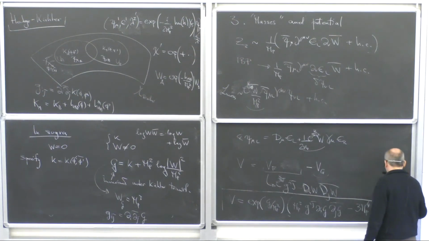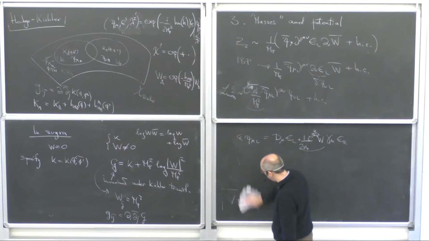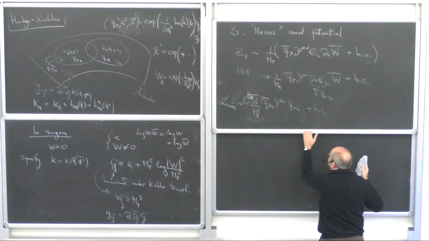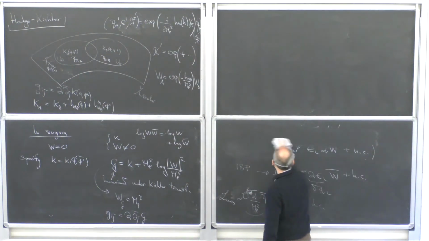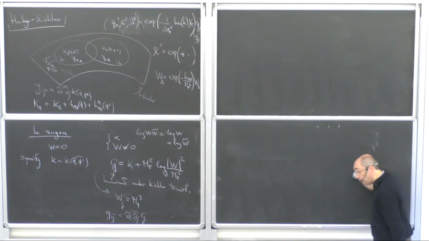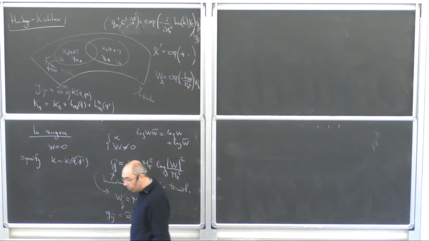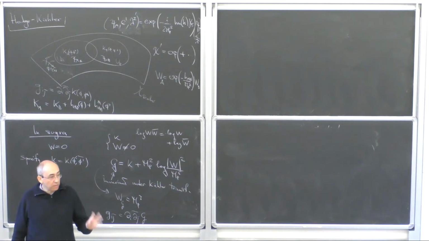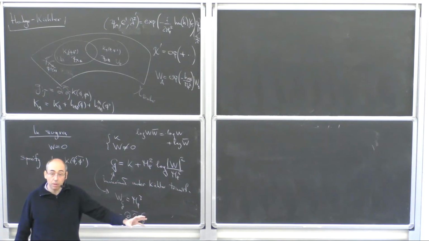But the main message, besides all the details, which you can also look at more carefully later, is that there is new structure appearing with respect to rigid supersymmetry. That is important because eventually this will tell you that not all rigid supersymmetric models can be transformed into supergravity models.